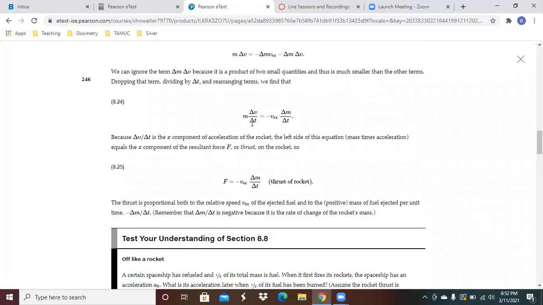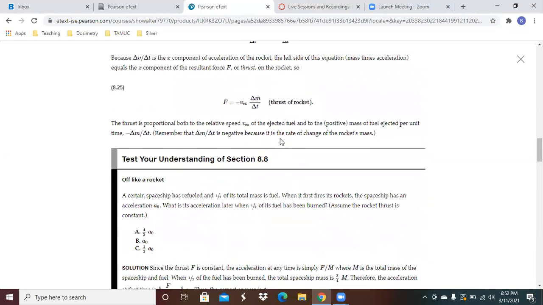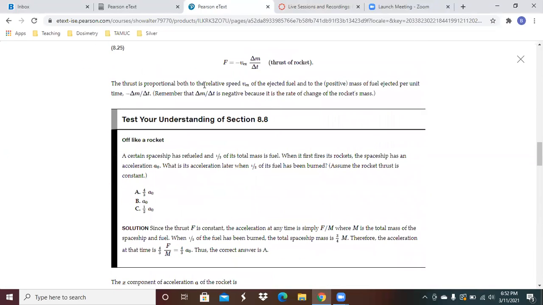We know what this is: the change in the velocity over the change in time. That is going to end up being acceleration. So we take mass times acceleration, and that becomes the force. And therefore, we've got ourselves a definition for the thrust of the rocket. So the thrust is going to be proportional both to the relative speed of the ejected fuel and to the positive mass of fuel ejected per unit time, which is minus delta m divided by delta t.